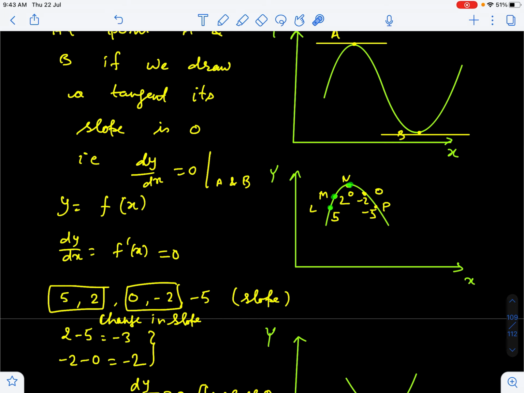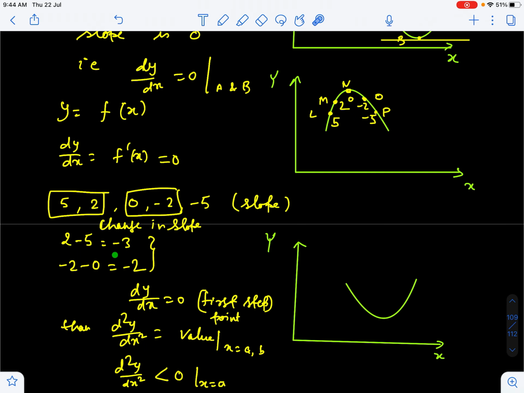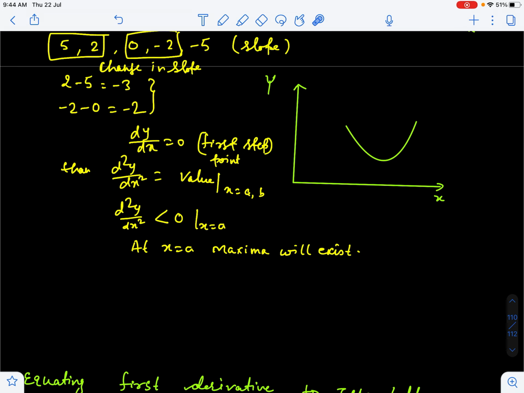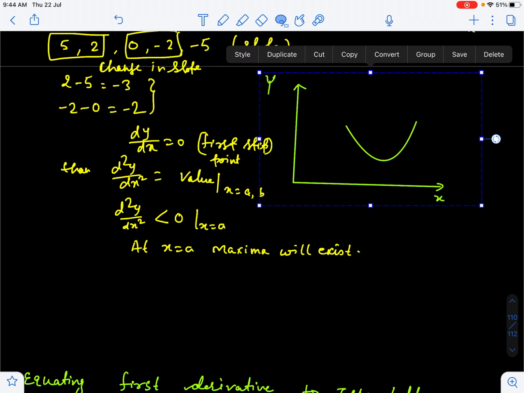I have taken slopes at different points. Change in slope is final minus initial, and it is always negative. That means if the rate of change of slope is always negative, the function has a maximum at that point. Now I'll take this separately so that you can understand better.